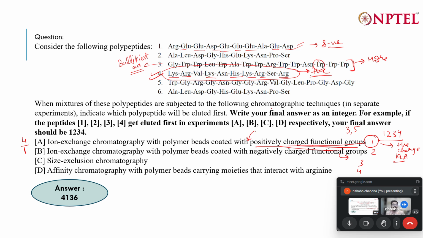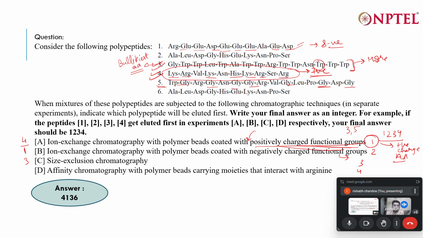There is another peptide, peptide 5, that is also bulky because of the number of amino acids, but the side chains of those amino acids are small, because as I can see, there are more glycine residues in this peptide. So it will not be the bulkier. The bulkier would be the third peptide, so it would be eluted first in case of the size exclusion chromatography.